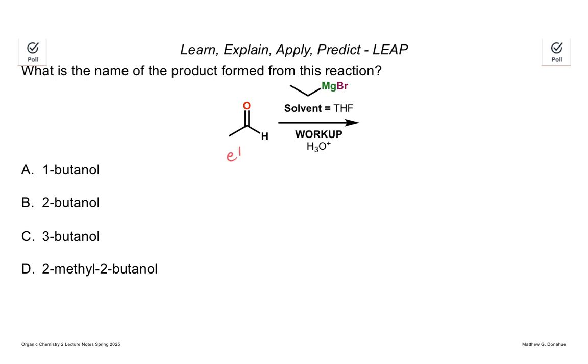So if we're going to start with ethanal, that's the electrophile. Ethyl magnesium bromide is the nucleophile. And the question is asking you, what is the product?